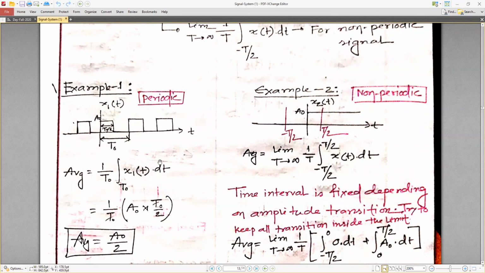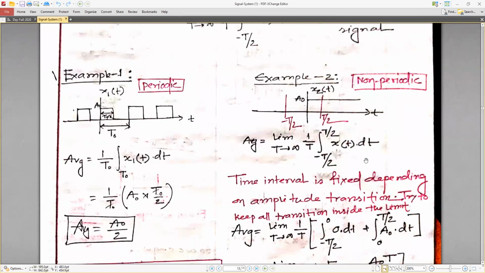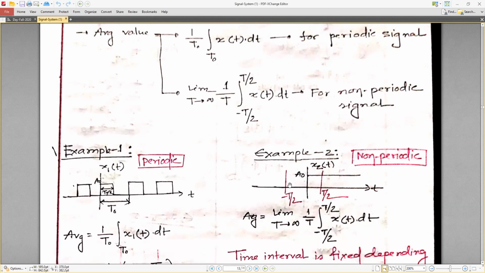Do you know how it comes? x(t) dt here. Again, if I look at another example, which is non-periodic, the formula is here minus t half to t half. For the non-periodic signal x(t) dt, limit t tends to infinity 1 by t.